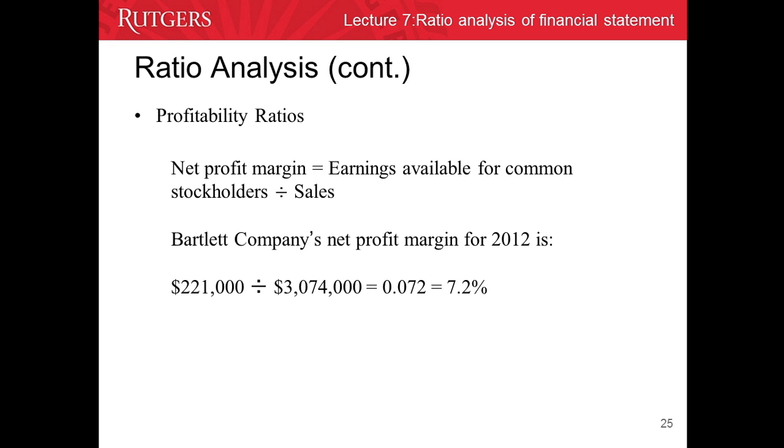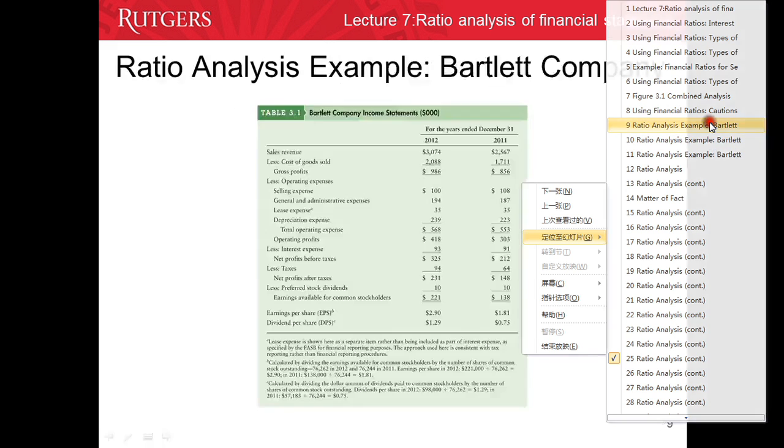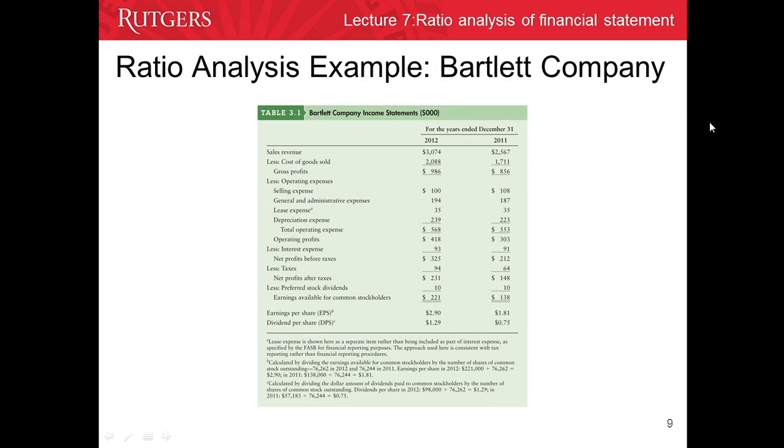Then let's calculate the net profit margin. It equals the earnings available for common stockholders divided by the sales. In the example data, we can find the earnings available for common stockholders here, which equals $221,000.